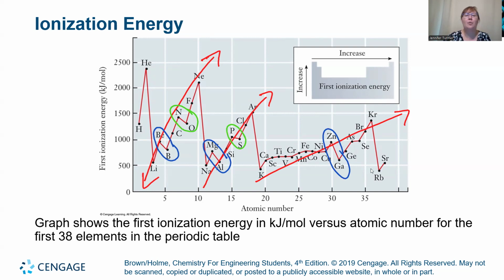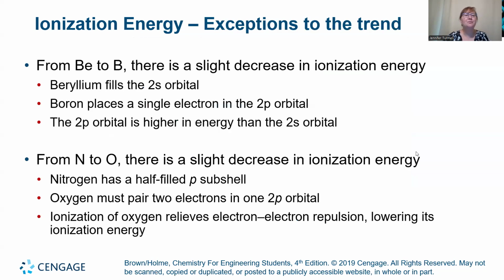So why are they important? They are important because there's a couple different things going on. From beryllium to boron, there's this slight decrease in ionization energy, and that's because beryllium fills its 2s orbital, but boron places a single electron in the 2p orbital.